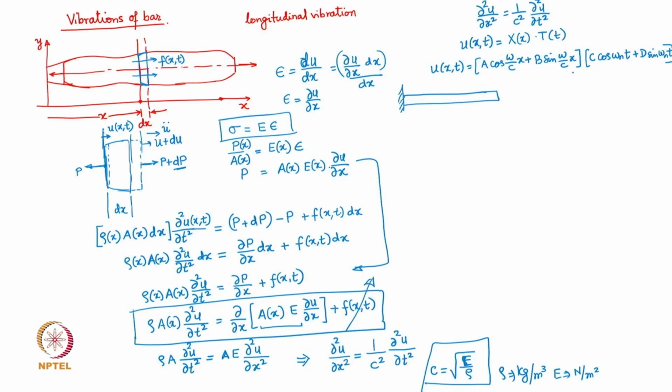Because we know that to obtain the frequency equation we have to substitute for the boundary conditions, what kind of boundary conditions will there be? x equal to 0 here and x equal to L here.